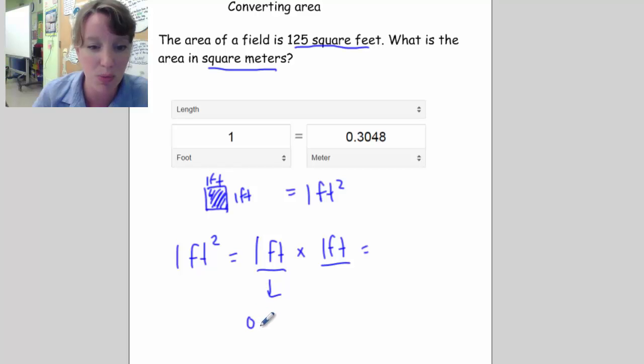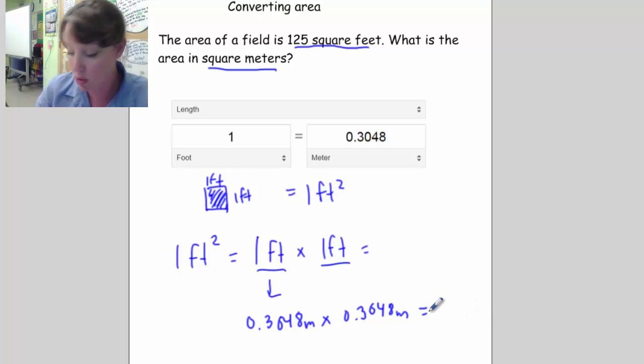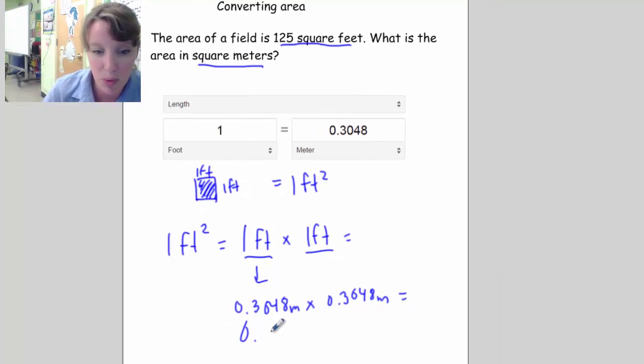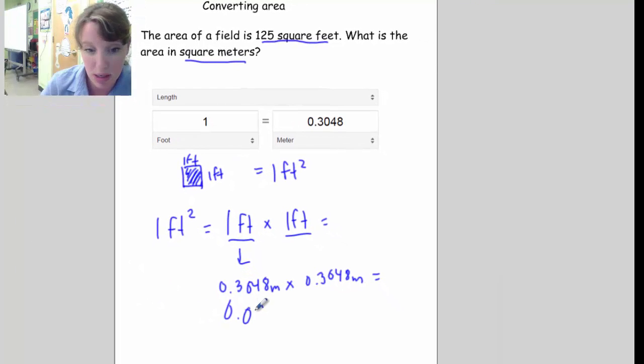So you have 0.3048 meters times 0.3048 meters. Okay, and when I multiply that together, I'm going to get 0.0929, and I would multiply meters times meters, which gets me meters squared.